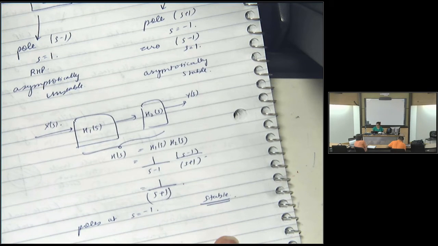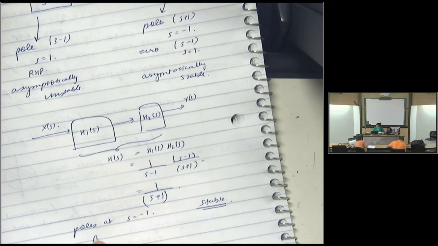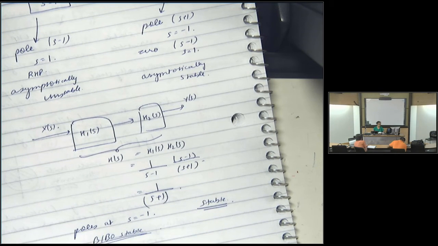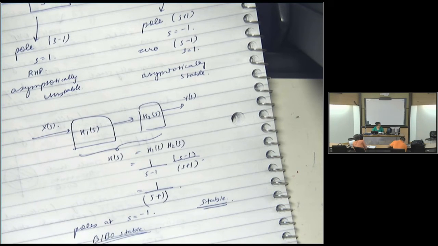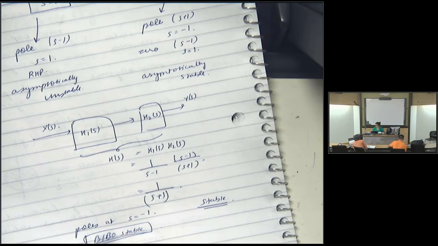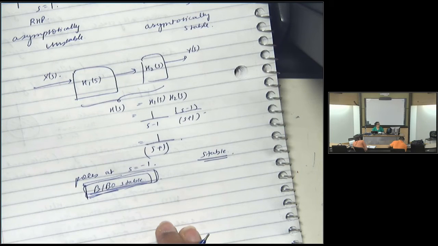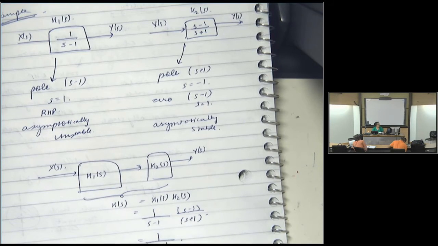And this is BIBO stable. Which one? H2(s)?